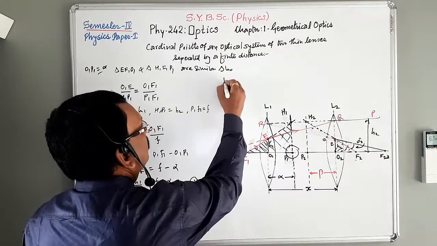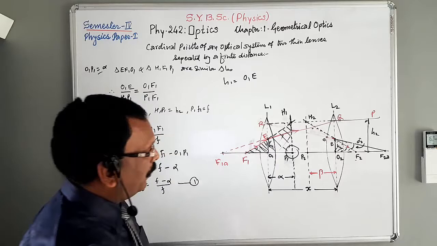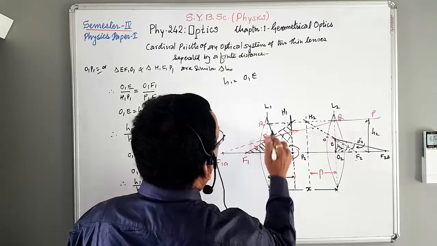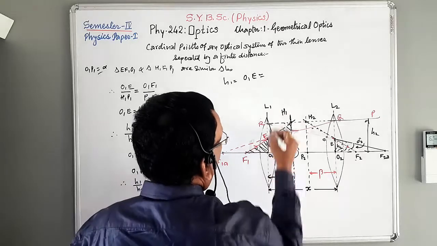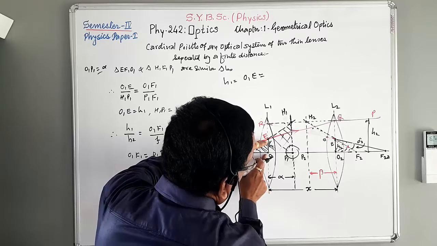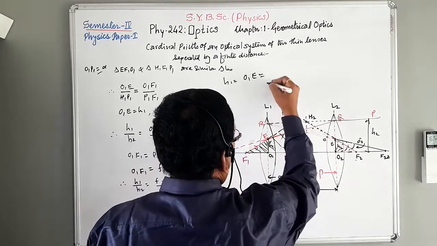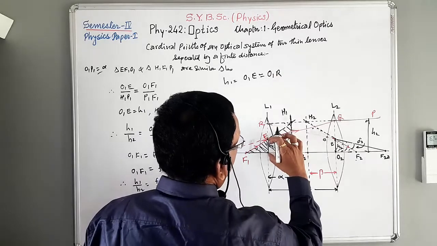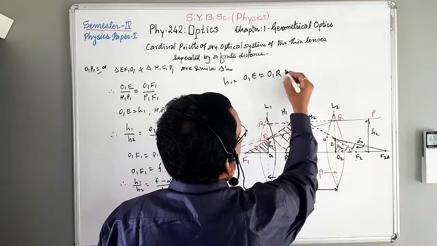So h1 is equal to O1E, where O1E is equal to O1R. What is the value of O1E? O1E is this distance minus this distance, that is, O1R minus ER.